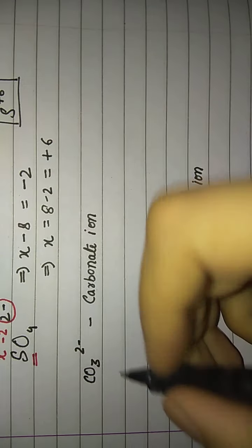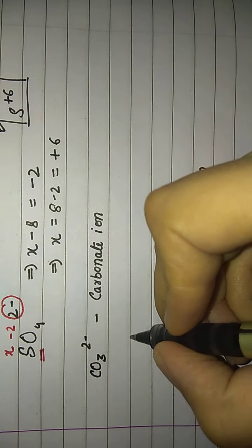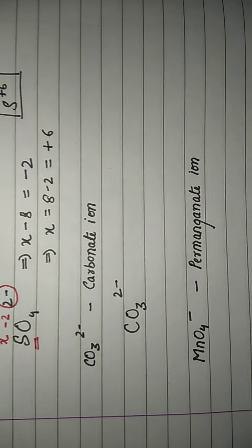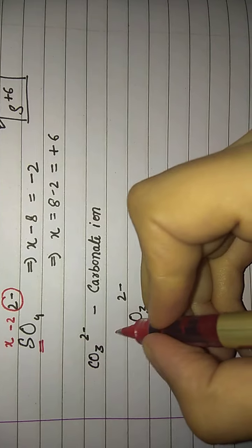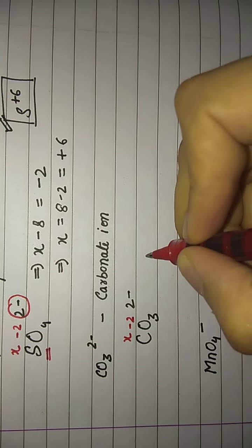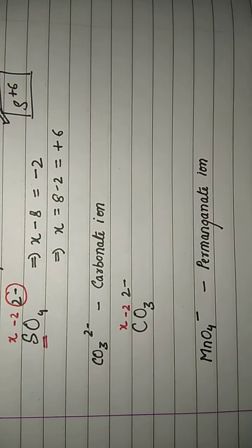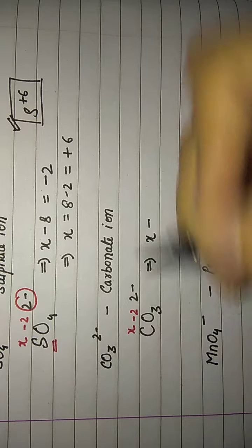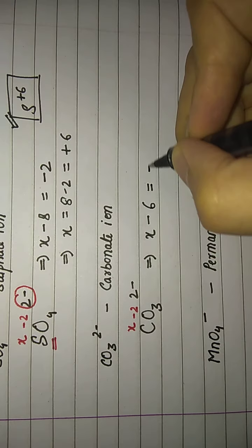Alright, now coming to the carbonate ion. Let us calculate the oxidation state of carbon. Let it be X, and this is -2. So your equation will be X minus 2 into 3, which is -6, and net charge is -2.